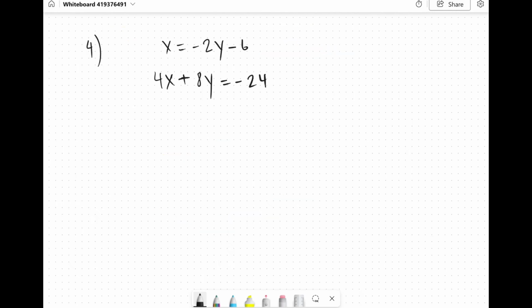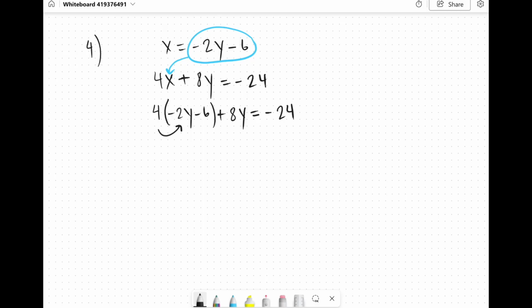Here's the system. In the first equation, x is by itself, so I'll go ahead and take negative 2y minus 6 and substitute x with that in the second equation. Here's the new version of the second equation. 4 times negative 2y minus 6, the rest stays the same, plus 8y equals negative 24.